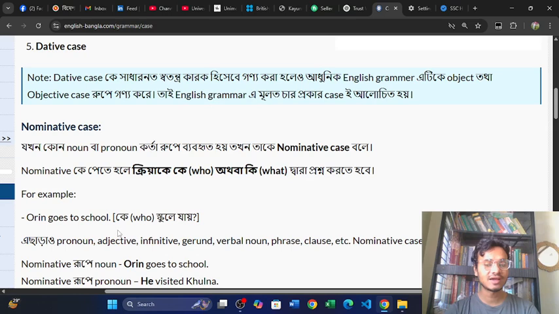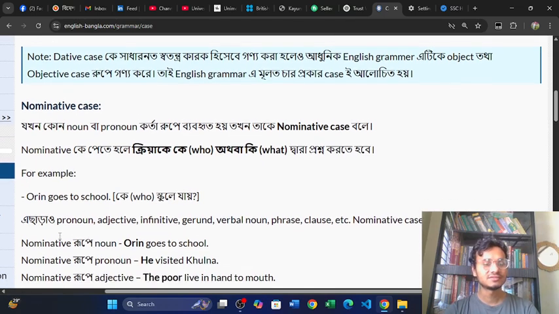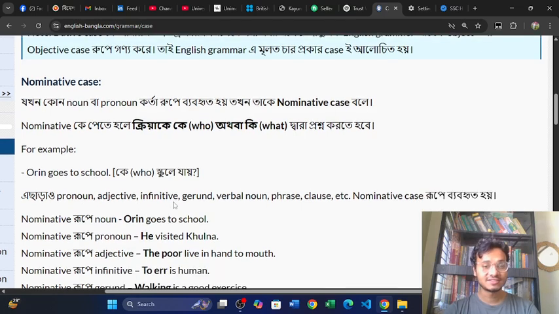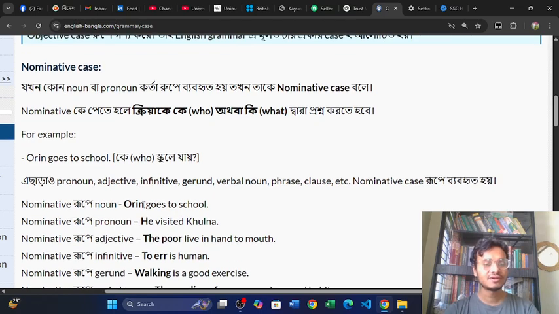When I raise the question with who, the answer is Oin. Also another pronoun, adjective, infinitive, gerund, verbal noun, phrase, clause, etc. can be used as nominative case. So whenever Oin goes to school, here Oin is a nominative case.